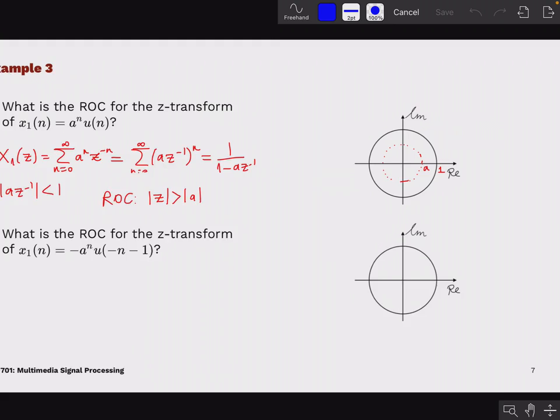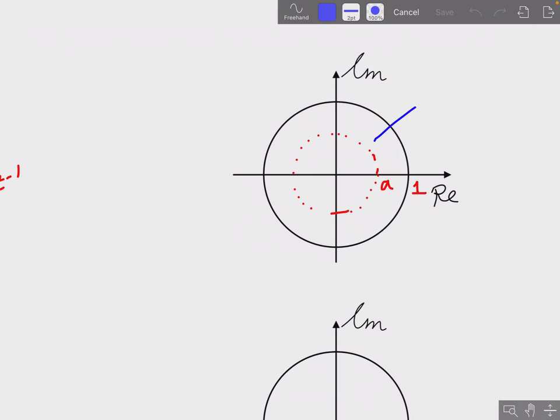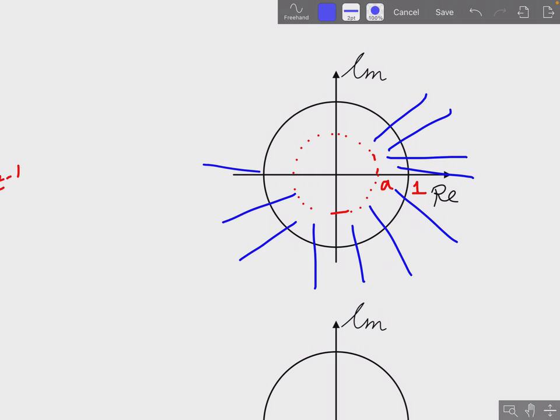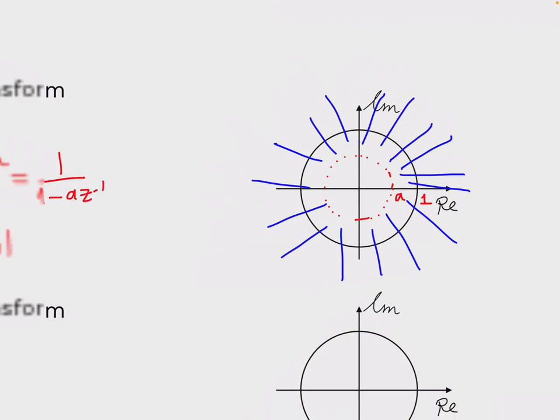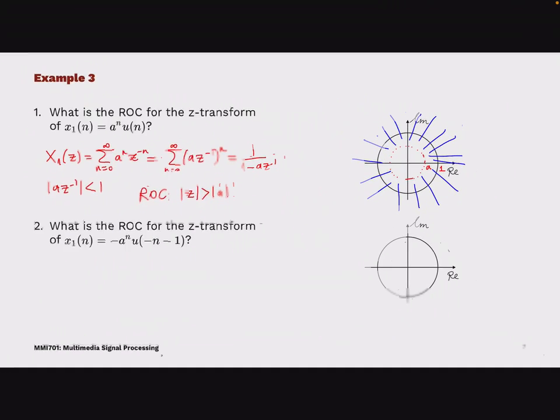So that means the region of convergence will be here. Okay, so this would be our region of convergence then. Outside the circle, which has a radius a. Well, obviously a can be greater than 1, it doesn't matter, it's going to change the region of convergence to outside of a slightly larger circle.